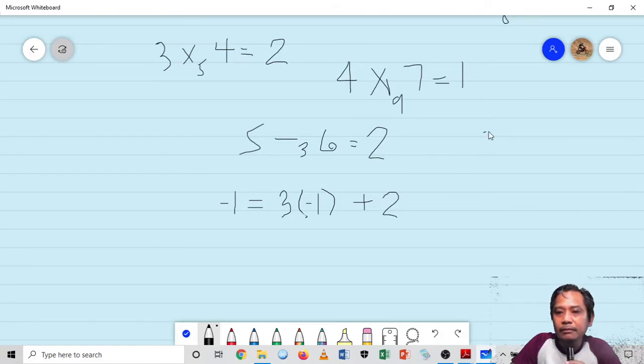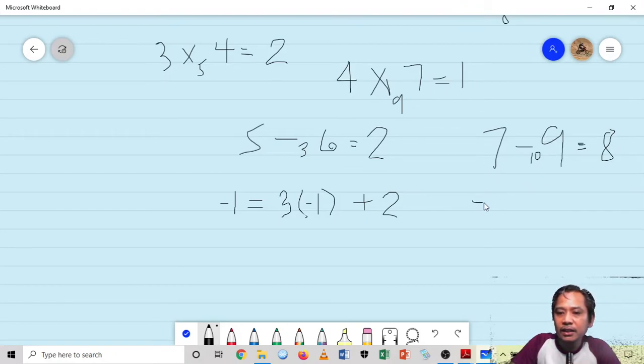Suppose we have 7 minus 9 in modulo 10. That would be 8. Why?